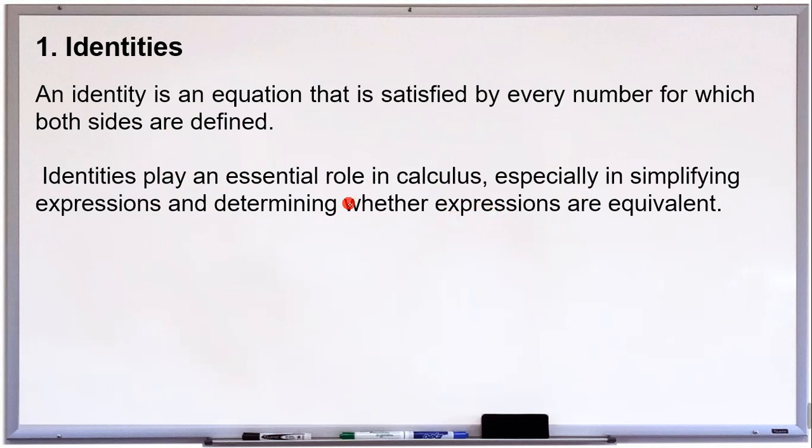Now, for this part, you will learn the different trigonometric identities in order to simplify trigonometric expressions. In the simplification process, the first part is the understanding or the know-how of the different trigonometric identities.